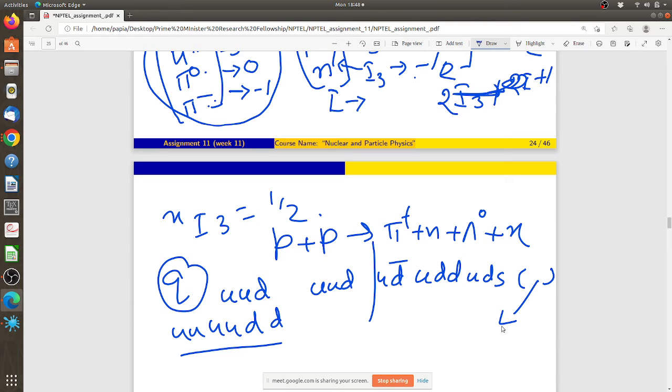Means one will be, let's say, u, and one will be d bar, something like that. One will be simple and one will be with bar. So I got only ud. ud should not be there, right? Something will be, let's say u is there, so maybe d bar will be there, or s bar or u bar, something like that. Something bar will be there.